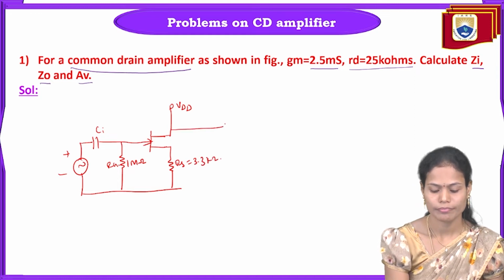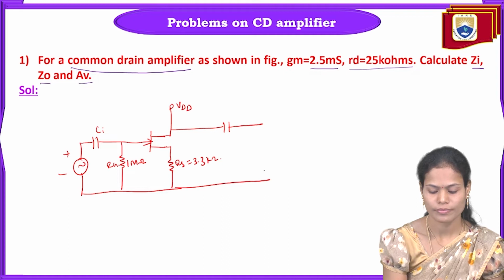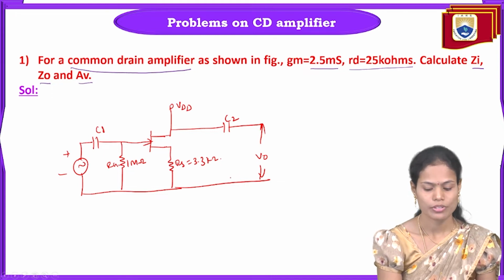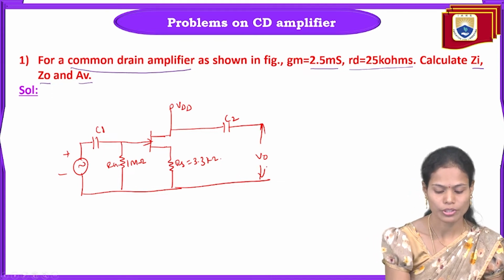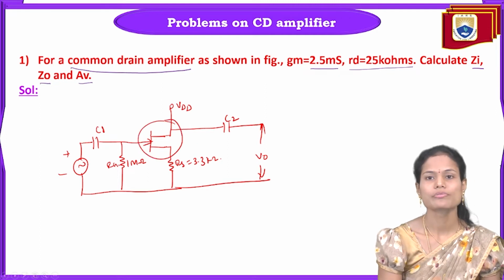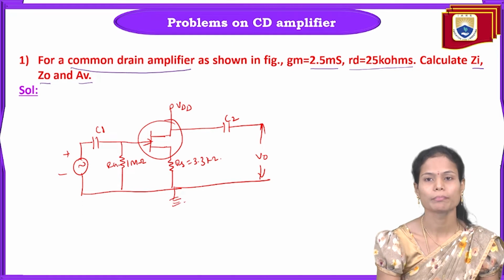Again, by the coupling capacitor we are measuring the output voltage V0. So it is C1, C2 here. In this case we are measuring the output voltage across the drain terminal. So this is the given circuit in the problem.